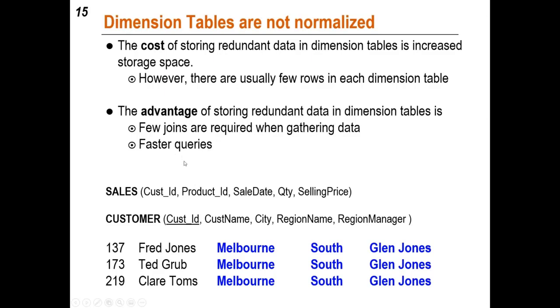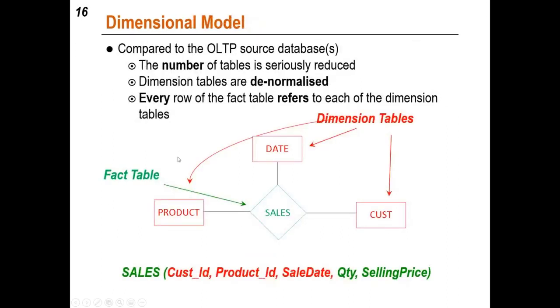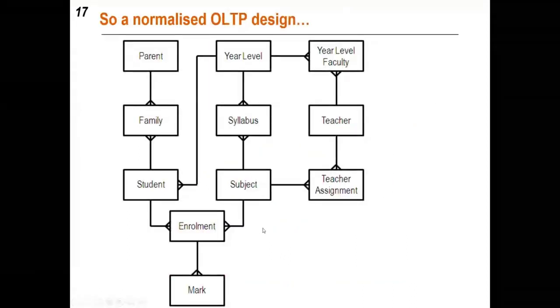So that is the main reason. Yeah. So this is the dimension model, as I mentioned before. Every row in the fact table, in the sales table, actually refers to one of these dimensions, as highlighted in this particular schema.